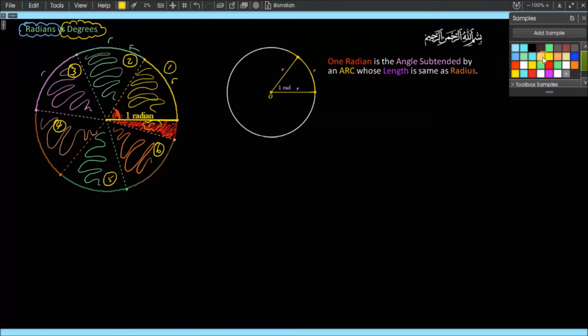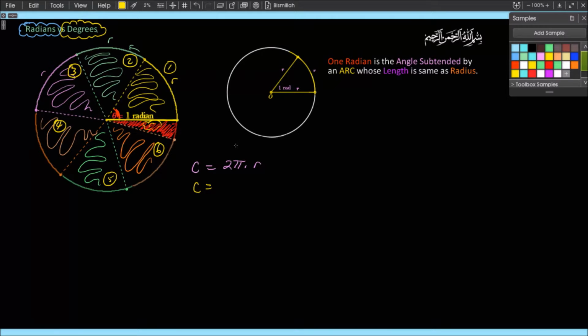So in a circle, there are 6 slices that are the same size in angle, if the radius is used as the measure of the arc length. And that's very understandable, because we know that the circumference of a circle is 2 times pi times r.